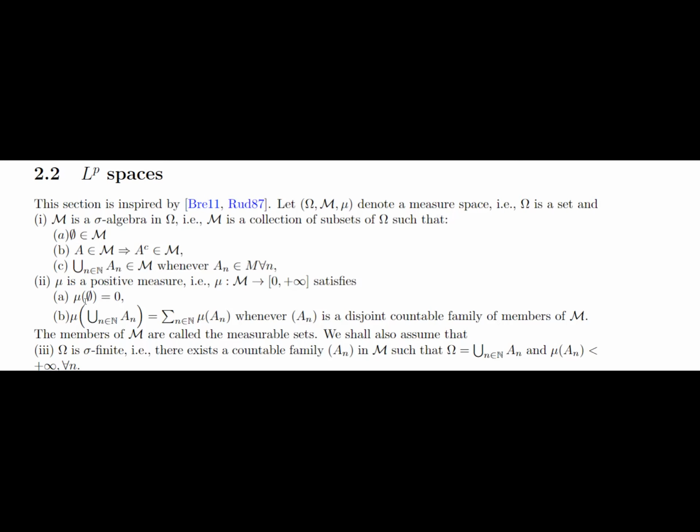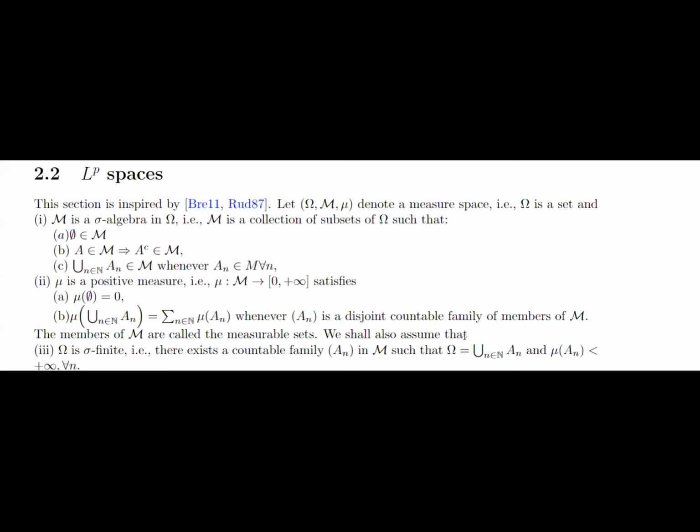And when you have a countable family of disjoint sets, the measure of the union is the sum, right? In this context, the subsets that are in M are called the measurable sets.